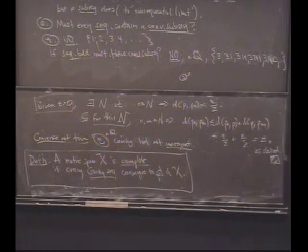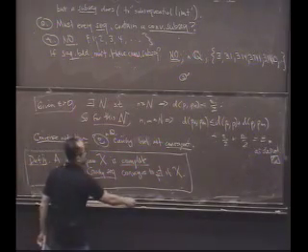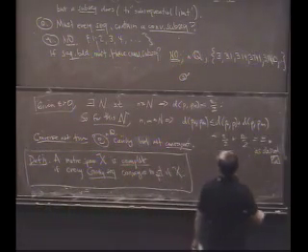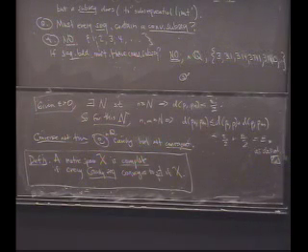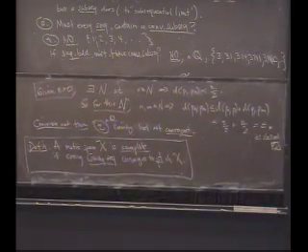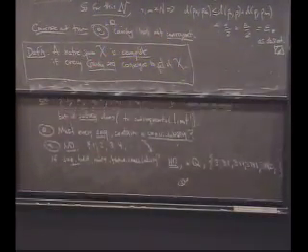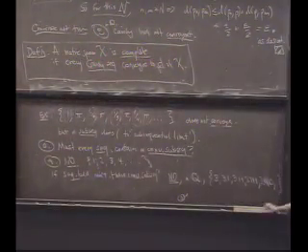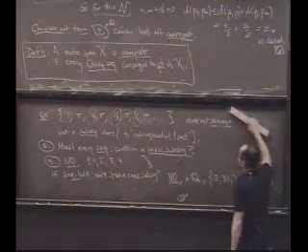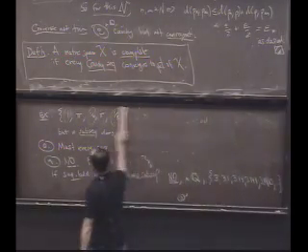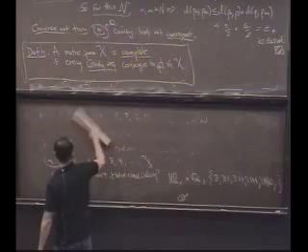In a complete metric space, Cauchy means convergent. Okay? So you might wonder then, which spaces are in fact complete? What metric spaces are complete? What do you think? Q is not complete, yes? Q is not complete.